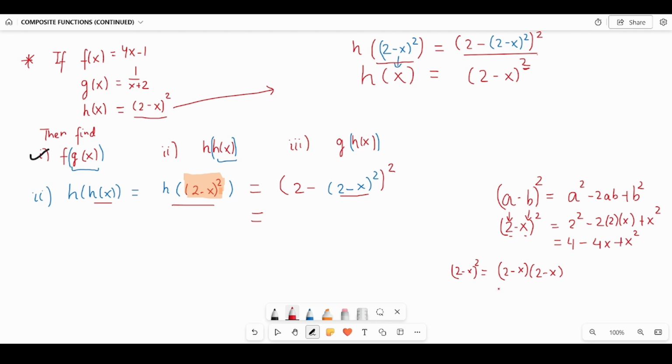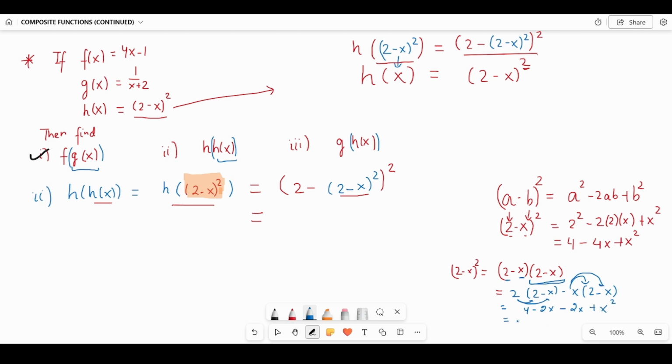Now, if you know the distributive property, then you should know that first of all, we will multiply this 2 with the whole expression 2 minus x, and then we will multiply this negative x with again the expression 2 minus x. So then we will get 2 times 2, that is 4, then 2 times negative x, that is negative 2x, then negative x times 2 is negative 2x, and negative x times negative x is plus x squared.